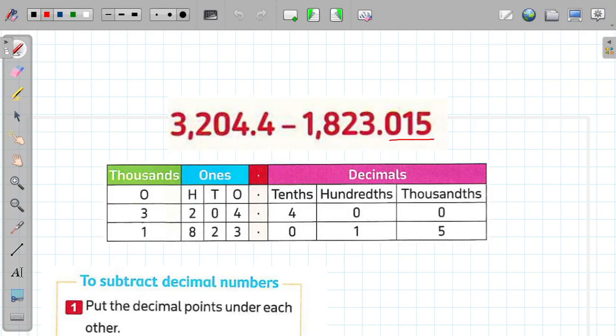I have here 3 digits, so I will make here 3 digits. So I will put 2 zeros to make the decimal digits here 3 digits. So it will be 0 hundredths, 0 thousandths, and I will subtract every place from each other. So it will be 0 minus 5. It can't be, so I will borrow from the next digit.